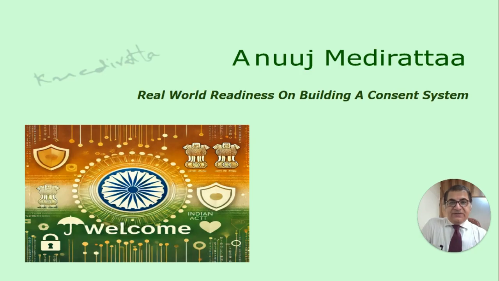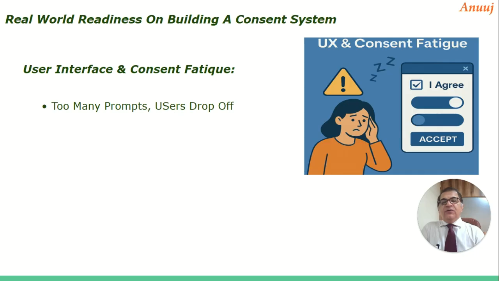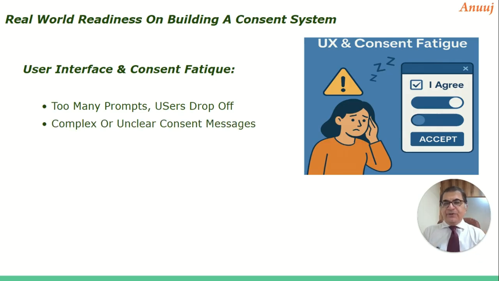We will talk about building up a robust consent mechanism system in this video. First important thing from a consent point of view is the user interface. It should not be so difficult to handle that users prefer to drop off. Why spend so much time on these complicated things? Too many questions, too many prompts, complex, unclear messages.